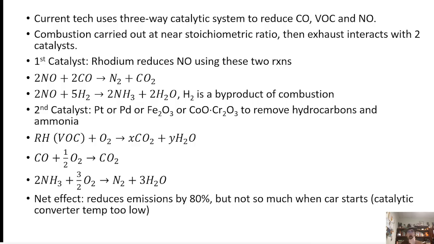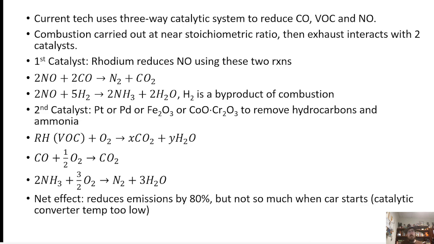Now, the second catalyst, probably platinum or palladium, sometimes iron oxide or cobalt oxide mixed with chromium oxide, will remove the hydrocarbons and VOCs and the ammonia, so we're not pumping ammonia out of our tailpipe. The RH, the VOCs, essentially carbon-hydrogen bonds, can react with oxygen in these catalysts to produce CO2 and water.